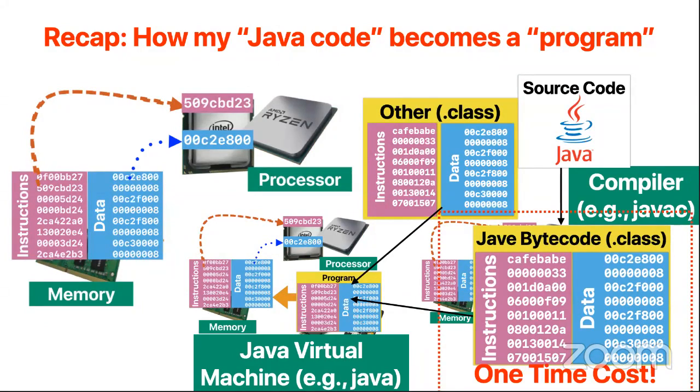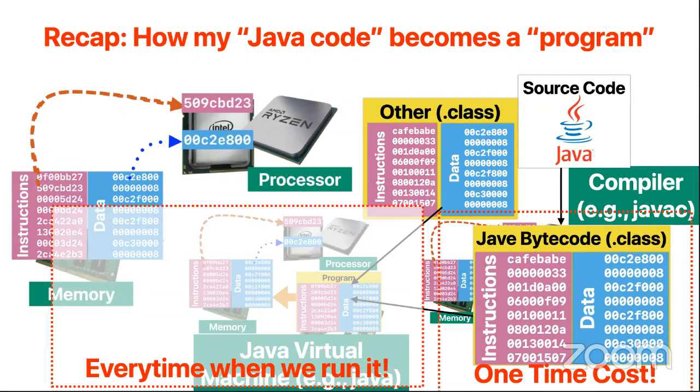For Java, it does have the one-time overhead of generating Java bytecode. However, the Java bytecode is not real machine code. Instead, every time you execute a program, the Java virtual machine has to translate the Java bytecode, which is usually a different type of architecture than your bare machine.